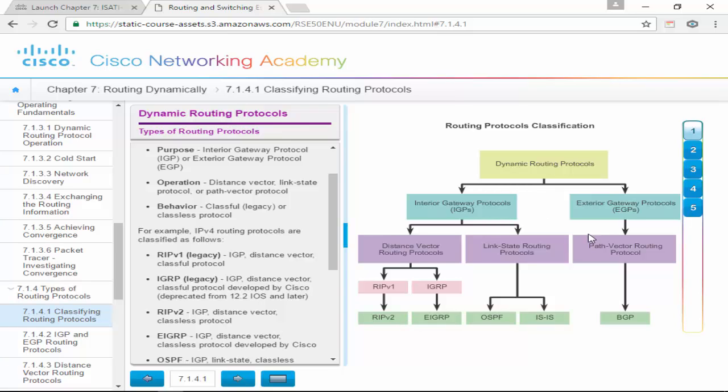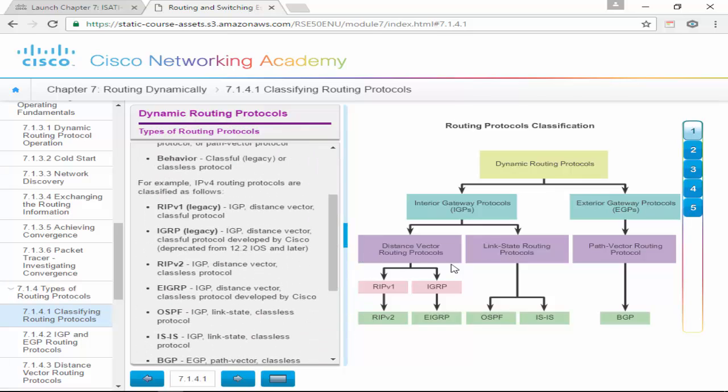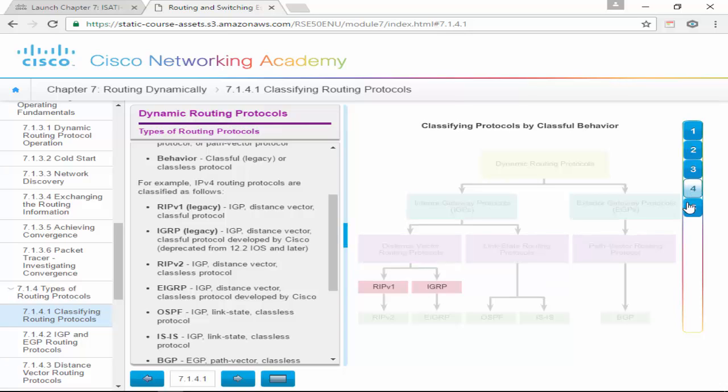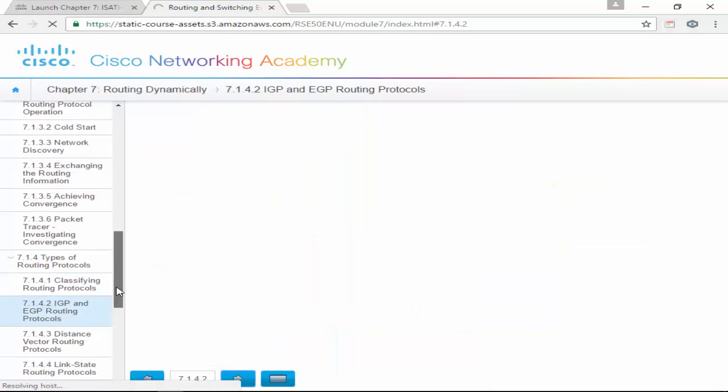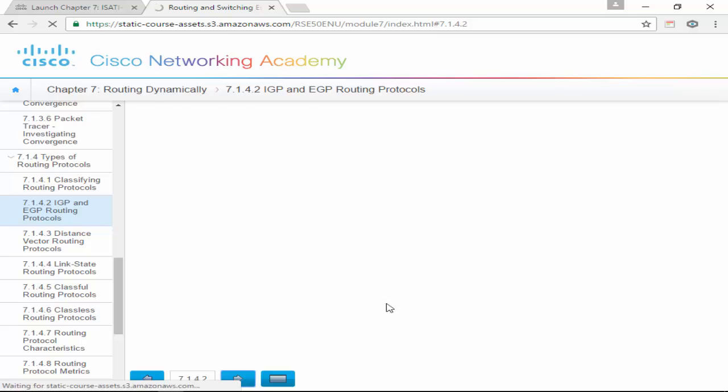They could then feed into BGP, and some people just use BGP altogether, but it just depends what you need. Anyway, so OSPF and IS-IS are link state, RIP and EIGRP are distance vector, and EIGRP is actually a hybrid distance vector or an advanced distance vector.